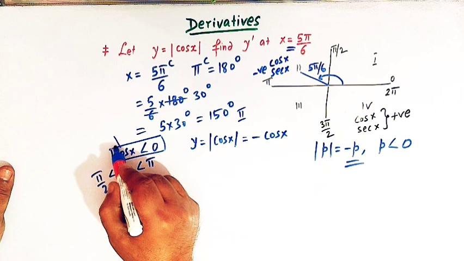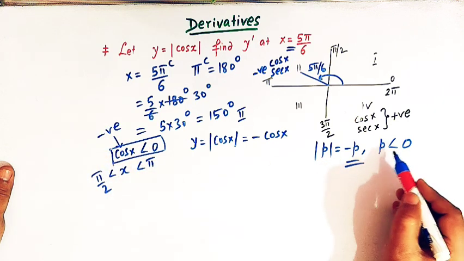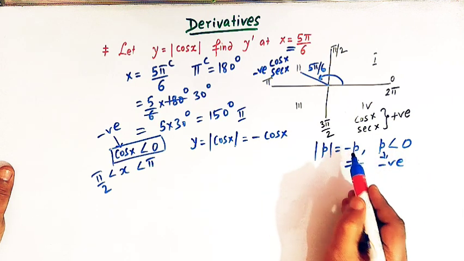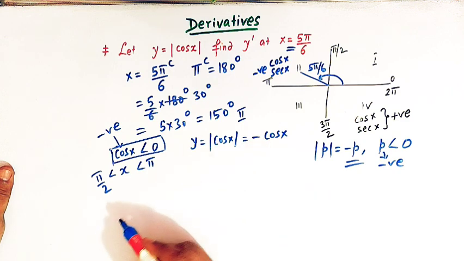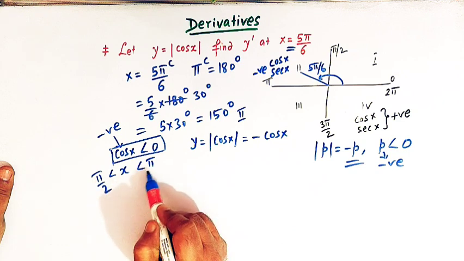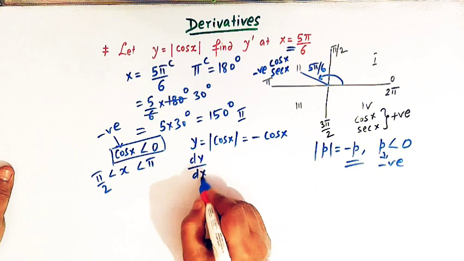It means cos of x is negative. Whenever p is less than 0 or negative, then mod of p is equal to minus p. So now we have y is equal to negative of cos x when x lies in the interval pi by 2 to pi. Now let us find the derivative, that is dy by dx.